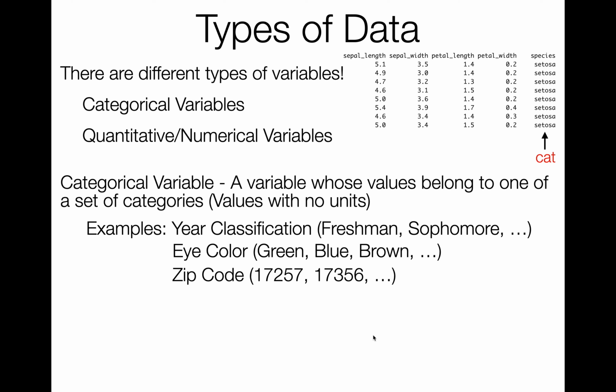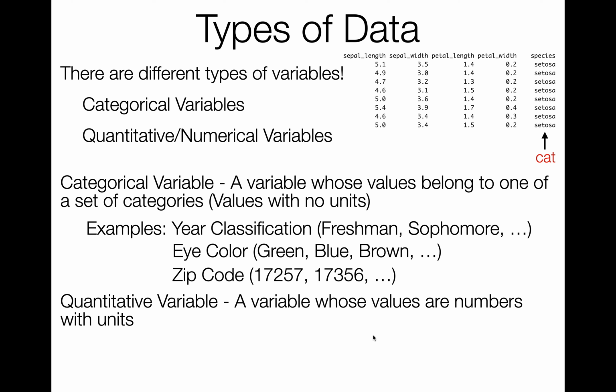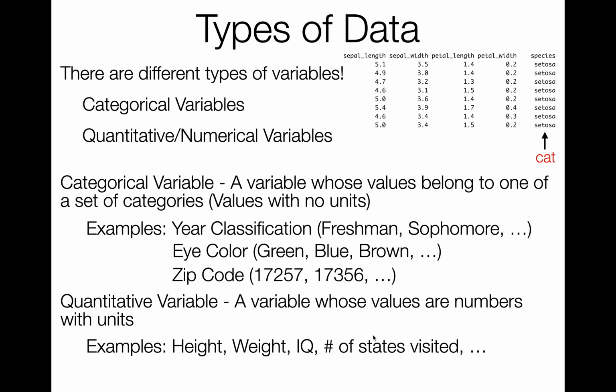So species is a categorical variable in our data set. The other types are quantitative. The values of a quantitative variable are numbers that have units. For instance, height, weight, IQ, and number of states that I visited are all numerical variables because they have units associated with them.